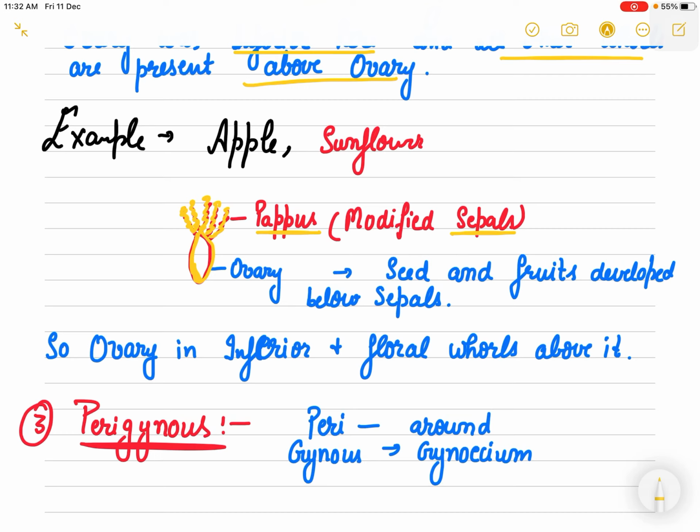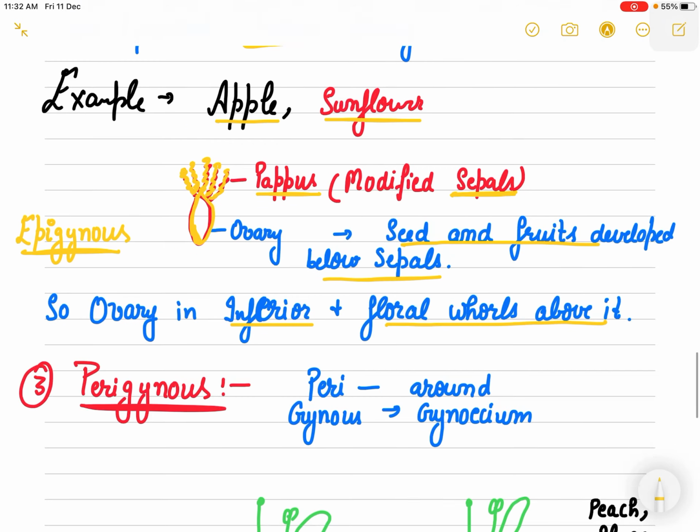They are present above the ovary, and seeds and fruits are developing below the sepals. So the ovary is inferior and other floral whorls are present above it, and this kind of flower is known as epigynous. So apple and sunflower are the two best examples of epigynous flowers.